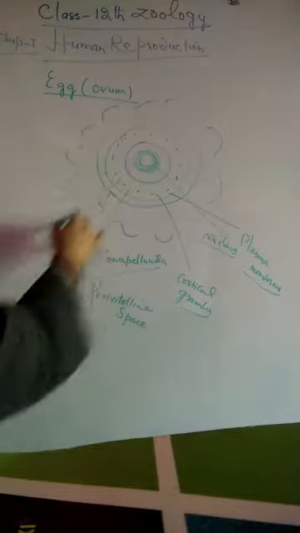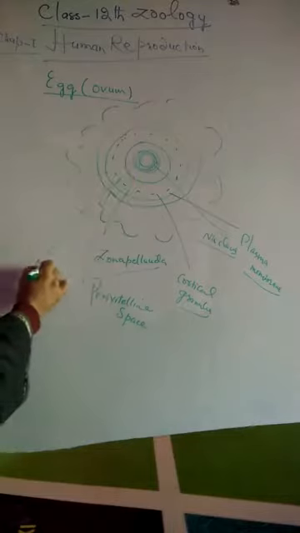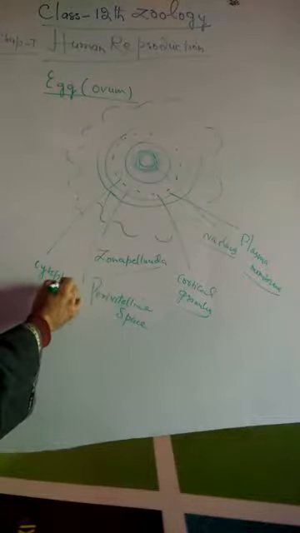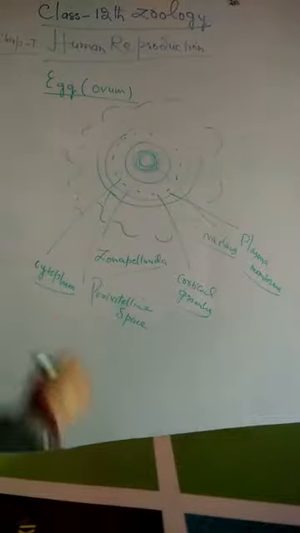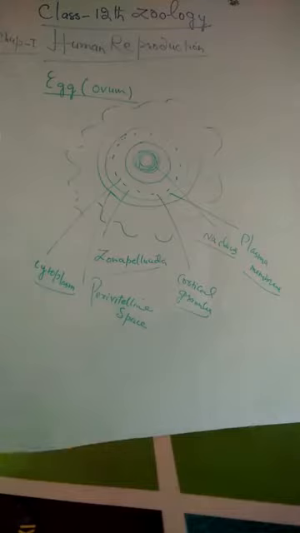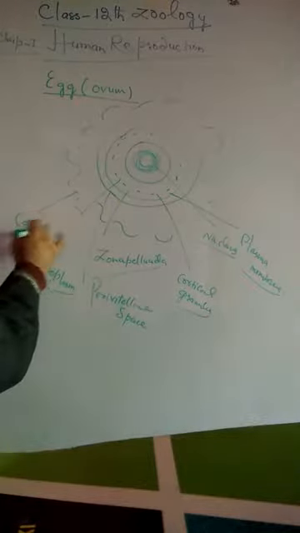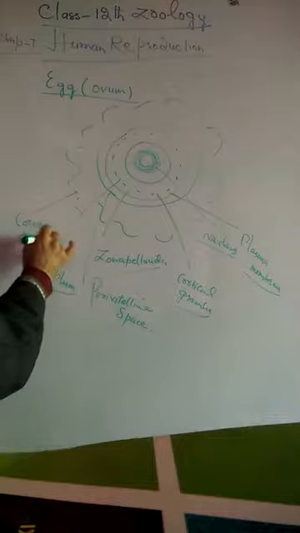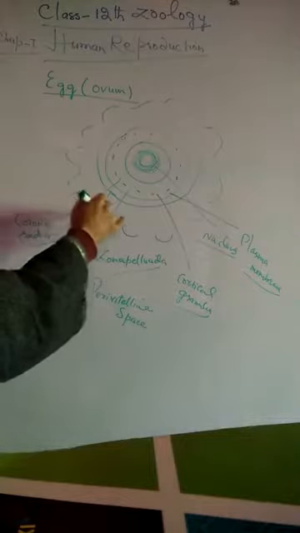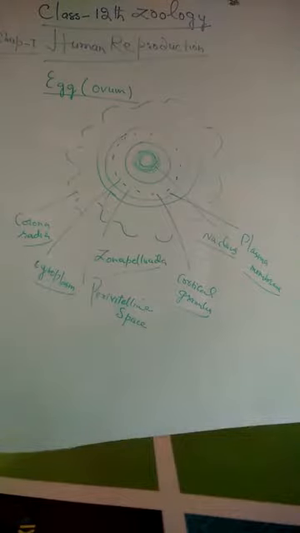And this portion is called the cytoplasm. No doubt there is a nucleus also, and this portion is called the corona irradiata, as these structures radiate out in the form of proliferations.